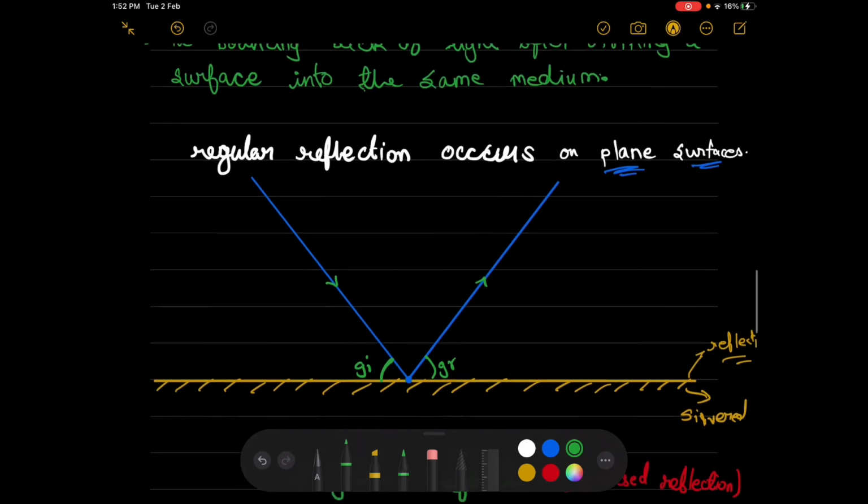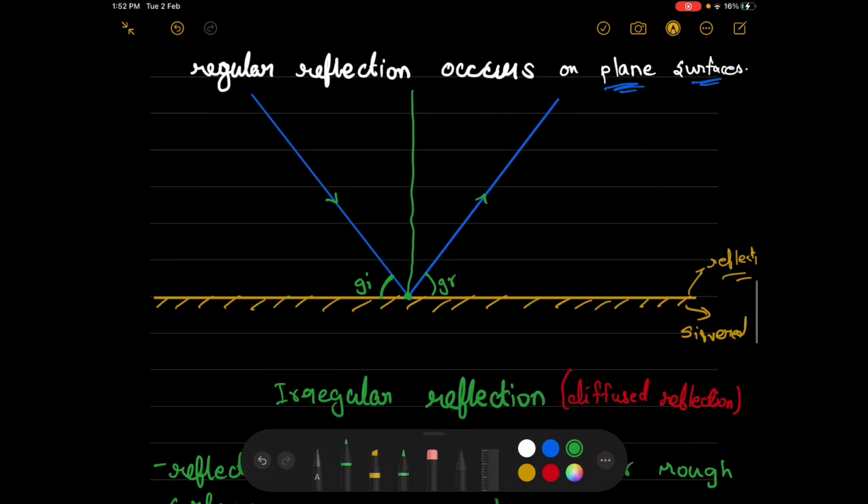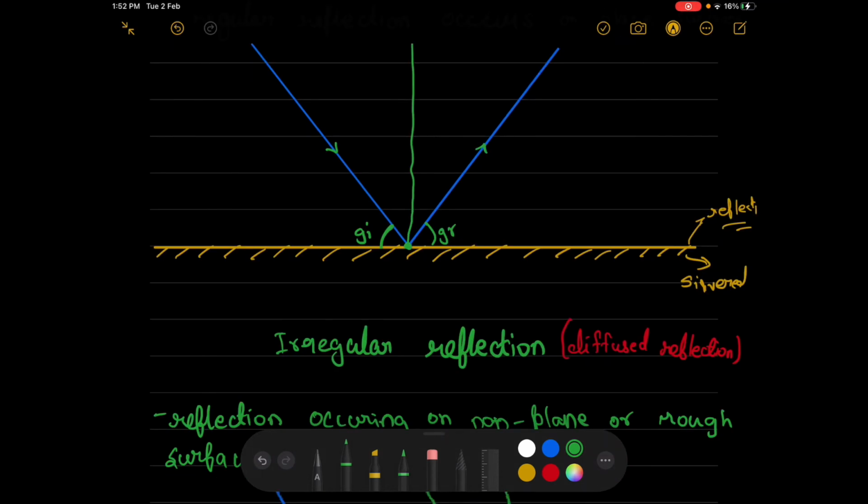Always the arrows are important. And the normal, this is the point of incidence. The point of incidence is the point where the incident ray touches or strikes the mirror.